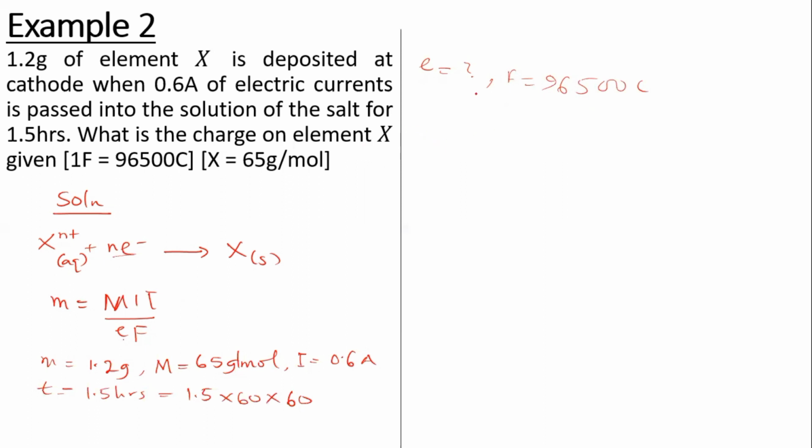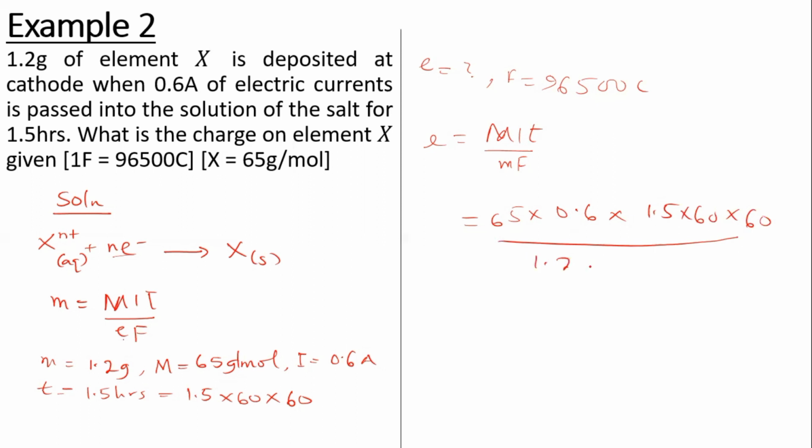So therefore, in calculating the charge, we make E the subject of the equation, so that E now is going to be M I T over M F, which is 65 times 0.6 times 1.5 times 60 times 60, divided by 1.2 times 96,500. So which is approximately 2.